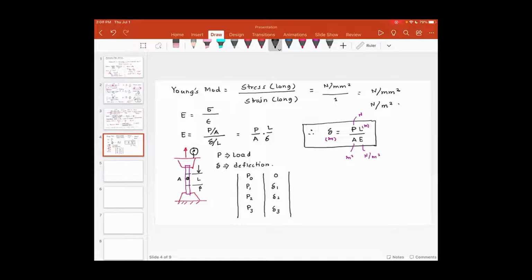You will realize initially the component is going to stretch. And initially, think about this like a rubber band. You pull the rubber band, you remove the load, the rubber band goes back to its original shape. Same thing happens with this component. You pull the component, remove the load, and the component goes back to its original shape.